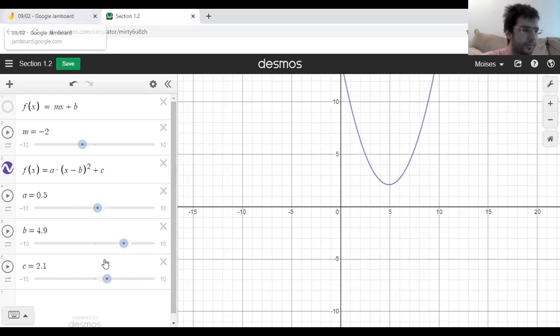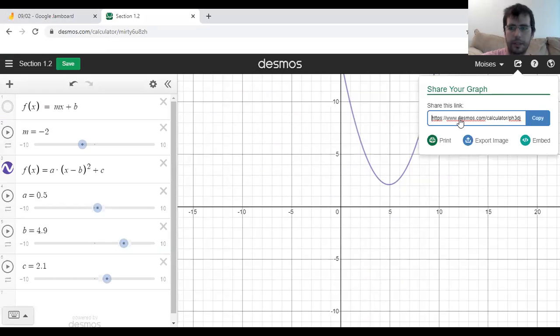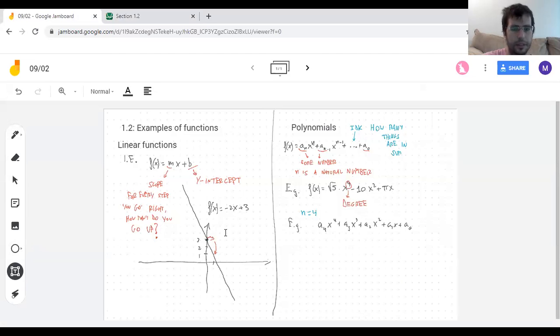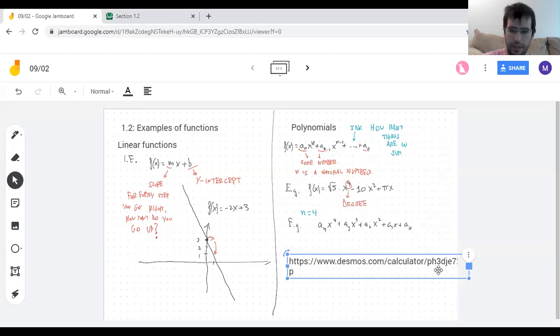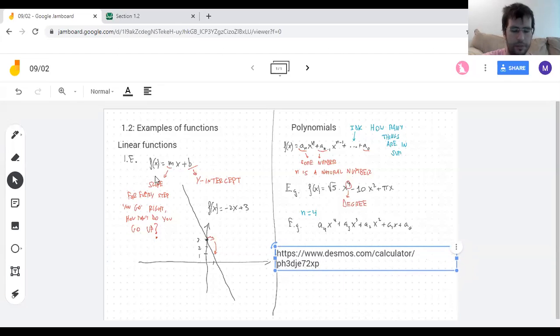You try this. I'm gonna put this link in the notes so you can see it later. Or you write your own. Okay. So that's polynomials.